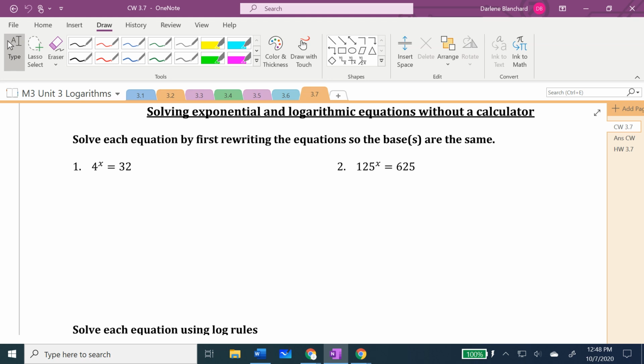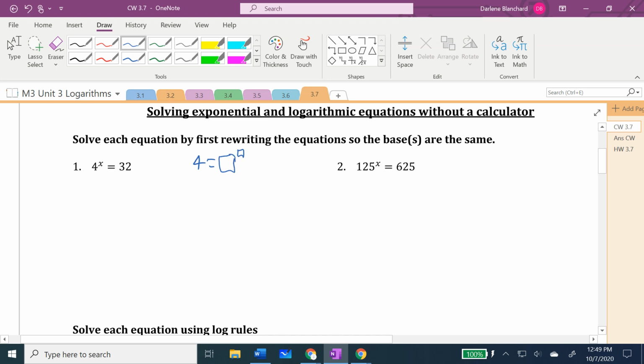And the only situation you have is if there's a common base that you can write the numbers as. So 4, everybody, 4 is what in an exponential? 4 is equal to blank to the power of blank.